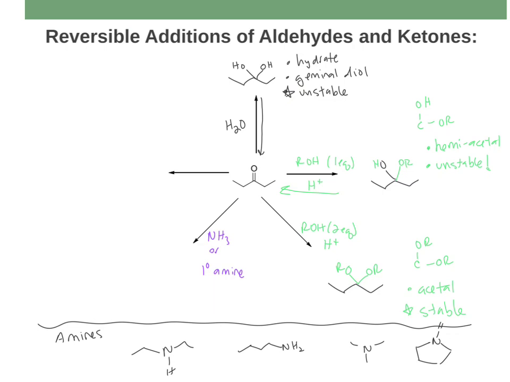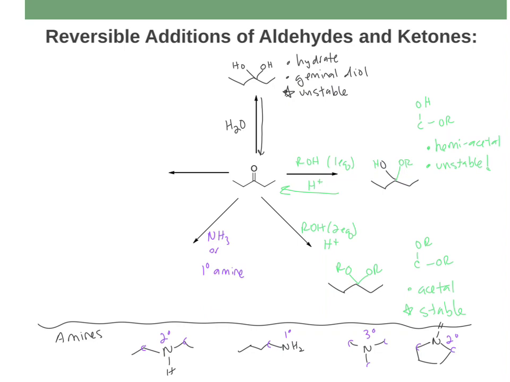It's just referring to how many carbons are coming off of that nitrogen. Since in this first example I have 2 carbon groups coming off of that nitrogen, this would be a secondary amine. On this one, since I only have 1 carbon group coming off, that would be a primary amine. On this one, since there's just 3 methyl groups, that would be a tertiary amine. And on this last one, again, I have 2 carbon groups, so that would be a secondary amine.